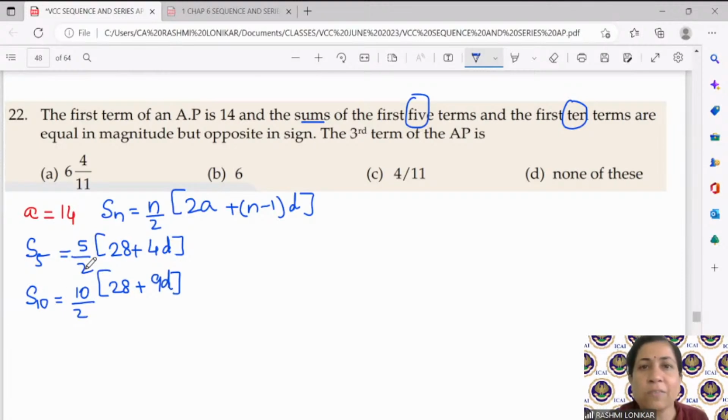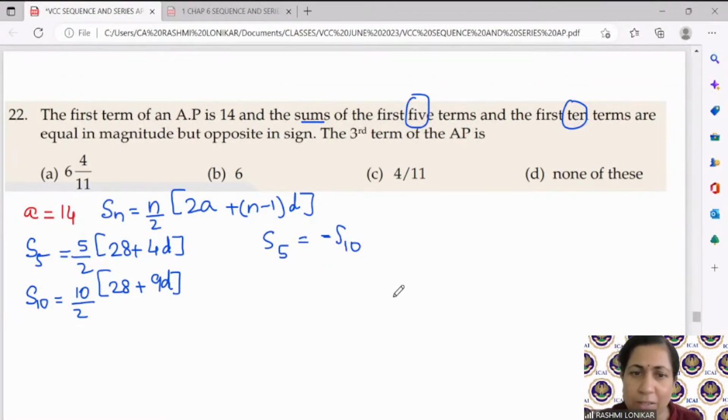Now what have they given us? S5 is equal to minus S10. Or you can write S10 is equal to minus S5.